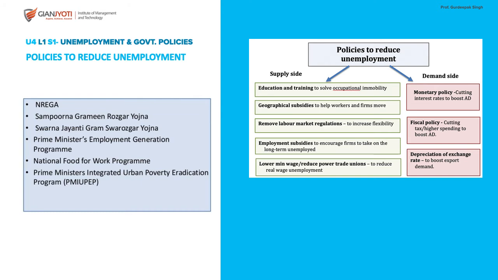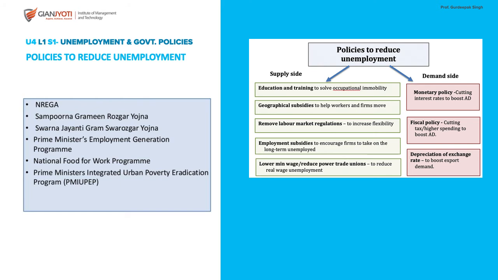Remove labor market regulations, so we are trying to make the labor laws flexible. Then employment subsidies to encourage firms to provide more employment to the people. And also looking at the minimum wage and the trade unions, how we can reduce their intervention and remove that barrier of the minimum wage.